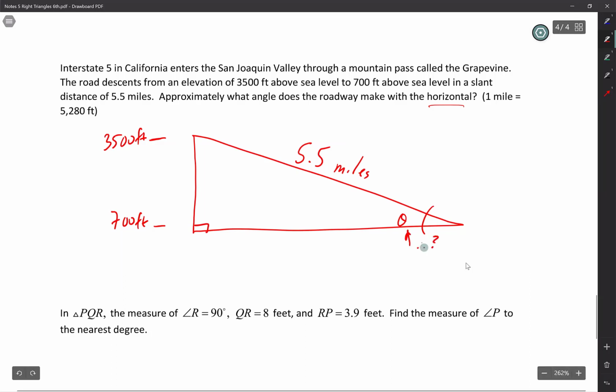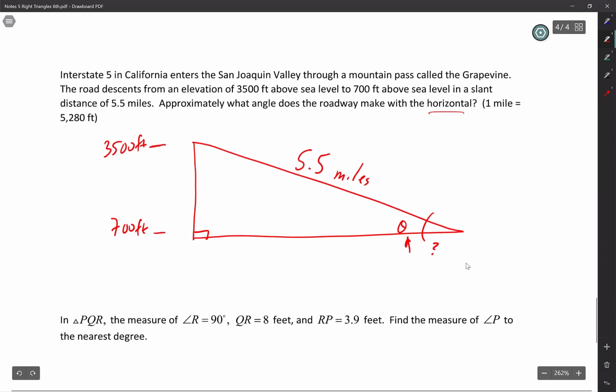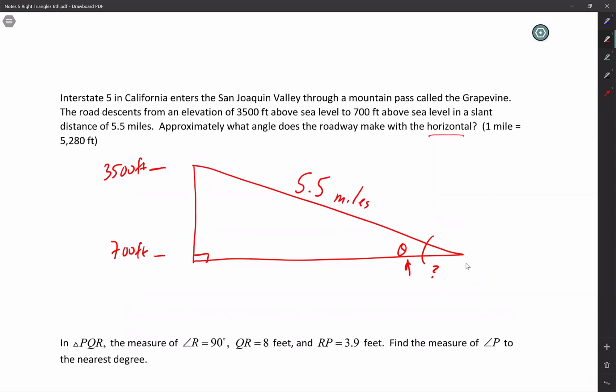So they want to know what that angle is in particular. How do I do that? Well, my vertical displacement is 3,500 feet minus 700 feet, which is 2,800 feet. Then I want to make sure everything is in feet, guys. I need that 5.5 miles turned into feet.